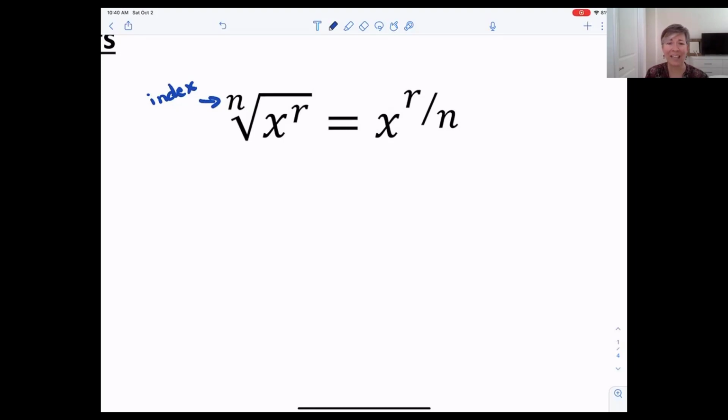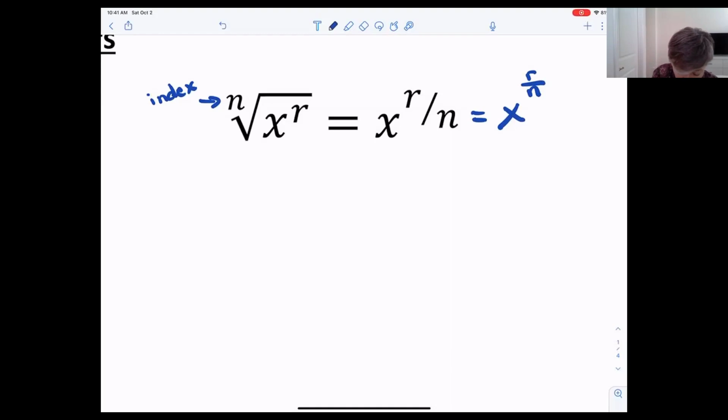That r is the exponent of your radicand, or what's underneath that radical. And we can write it as a fractional exponent where we keep the base and we keep that exponent r. We just write that n underneath. And I know it looks kind of weird when that fraction is written sideways like that, but I want you to be sure to note that that fraction is in fact in the exponent position.